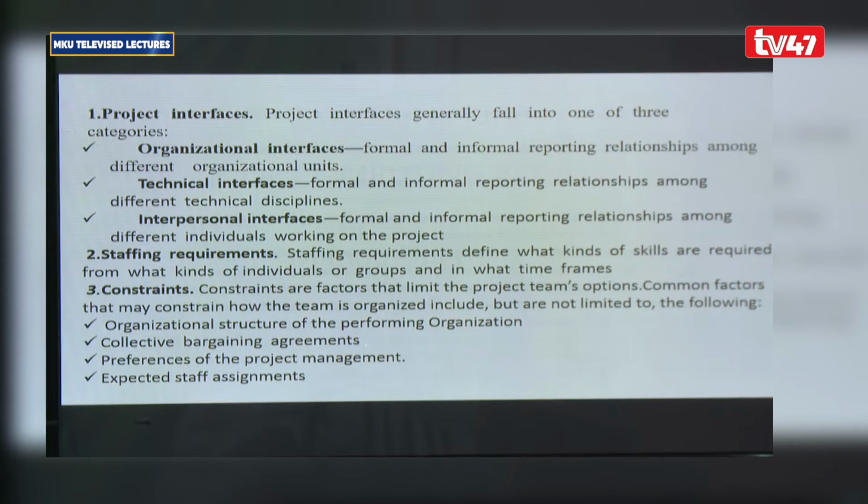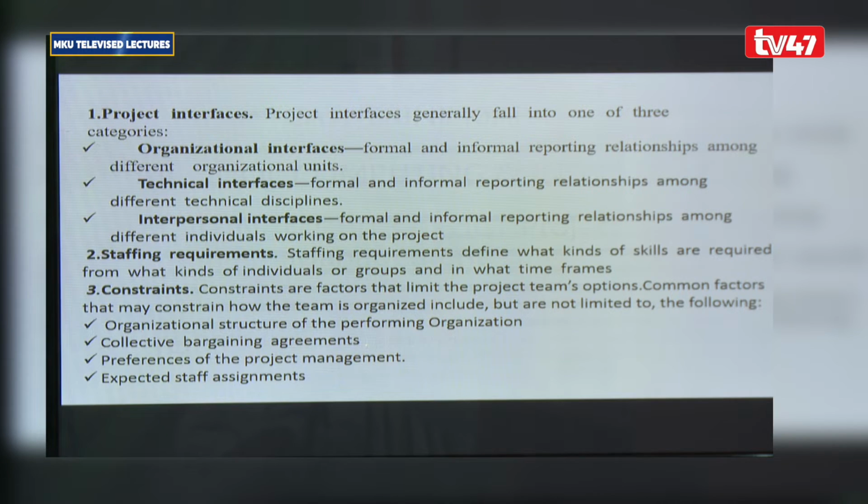Another important input to organizational planning is constraints. Different projects are usually constrained in a number of ways. There are a number of common factors that may constrain how a project team will be organized. These include organizational structure, collective bargaining agreements, expected staffing assignments, and preferences of the project manager.